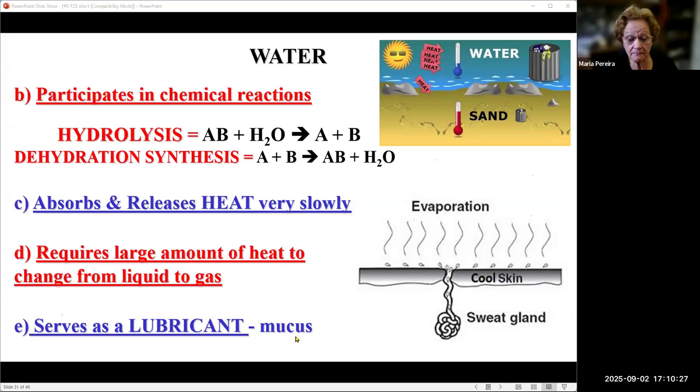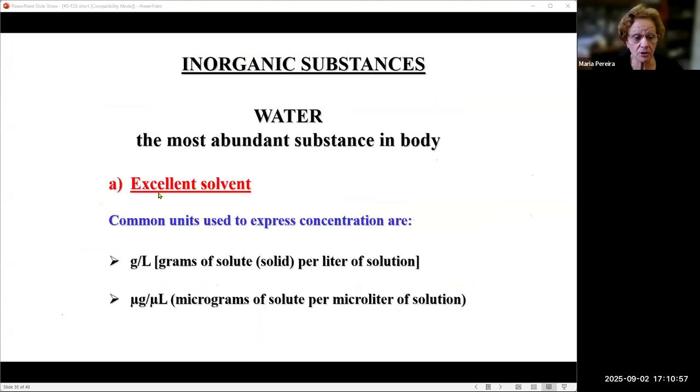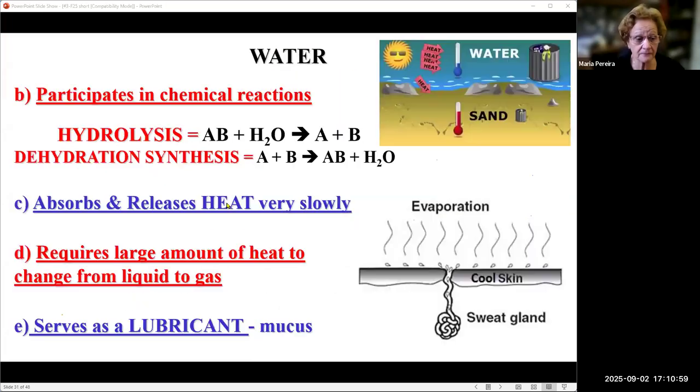Also, water is the major component of mucus that is used in all kinds of functions in the body. For example, the synovial fluid, the fluid that allows the articulations to move upon each other, protects the articulations. So water is essential because it's an excellent solvent.